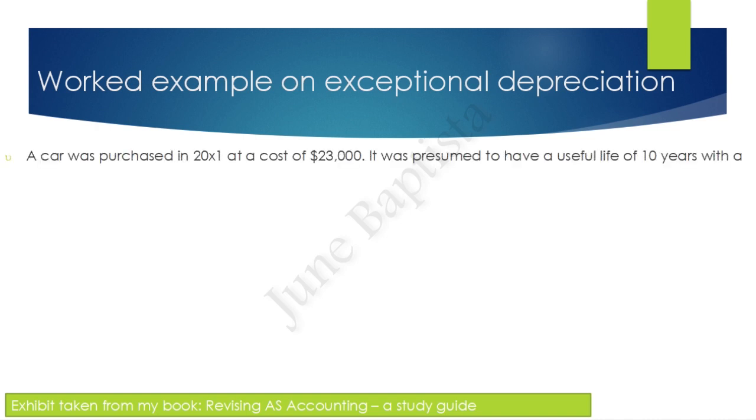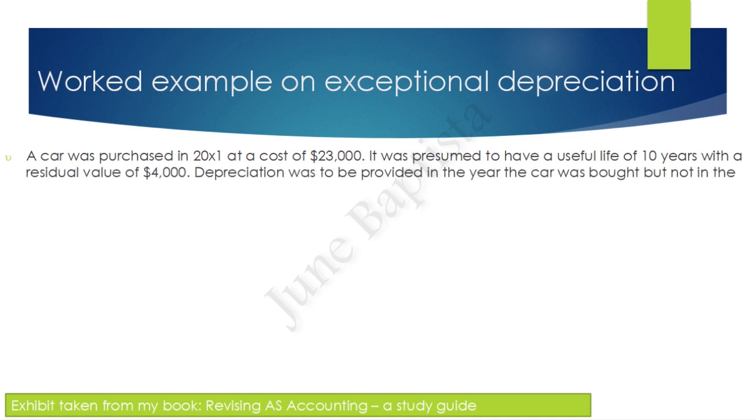A car was purchased in 20x1 at a cost of $23,000. It was presumed at that time to have a useful life of 10 years with a residual value of $4,000. Depreciation was to be provided in the year the car was bought, but not in the year of disposal.